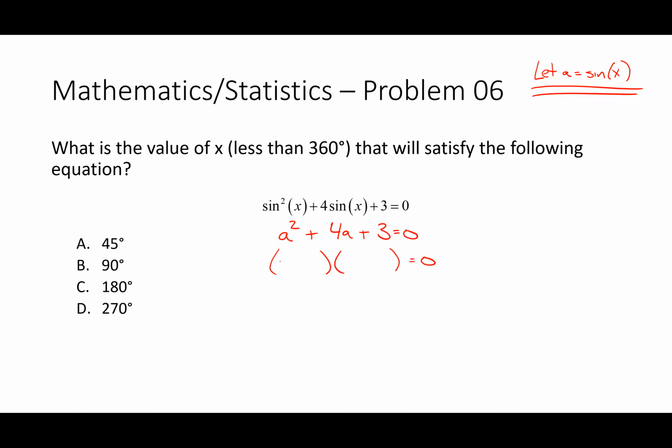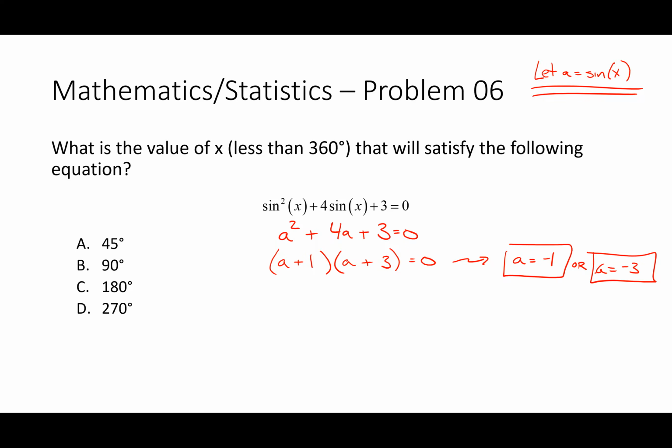I can get (a plus 1)(a plus 3), because 3 is a prime number, so that's 1 and 3. They both have to be positive, and that gives the coefficient of 4. So that's a nice simple FOIL, and that yields that a is minus 1 or a is minus 3.